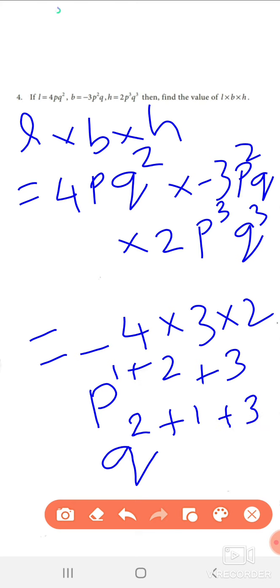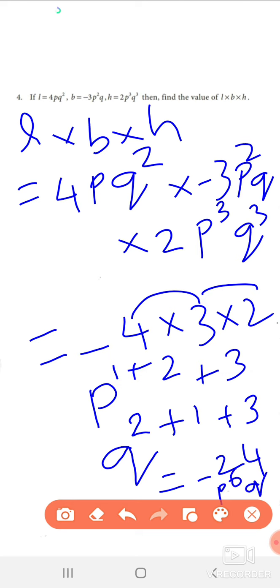Okay, so the answer is, multiply the numbers. 4 3's are 12, 12 2's are 24. And then p power, just add the powers: 1, 3, 3 plus 3, 6. So p power 6 and q power 6.